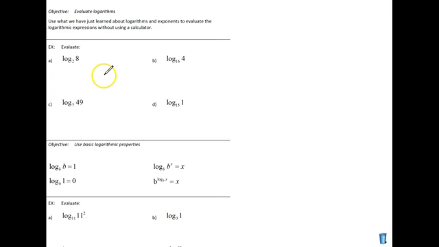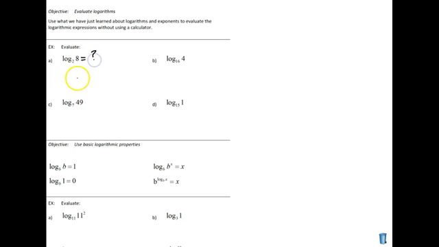Since we know how to think about exponentials and logs together, we can evaluate some different logs without using a calculator. We say without using a calculator because there's no way for you to plug log base 2 into your calculator, or log base 16. You may see a log button, and we'll talk about that later, but you can't do log base 2 in your calculator.